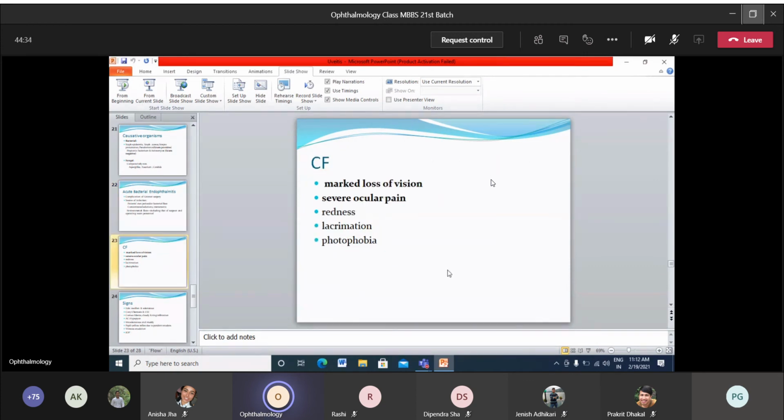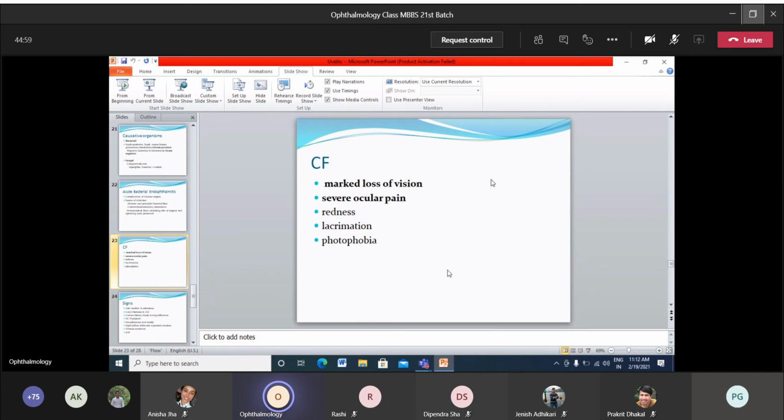The clinical features of endophthalmitis are marked loss of vision and severe ocular pain. Whenever the patient comes the next day after cataract surgery, you open the eye pad and the bandage and see, the patient will be in severe pain. Usually in normal cataract surgery, during the first post-operative day, there will not be that much ocular pain.